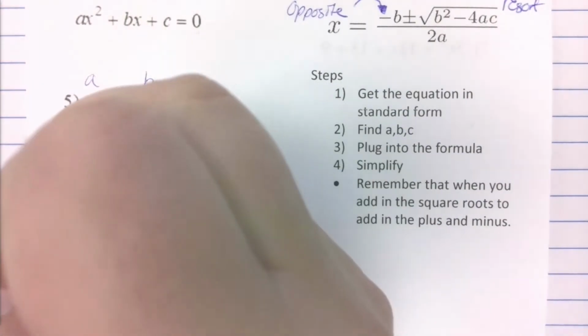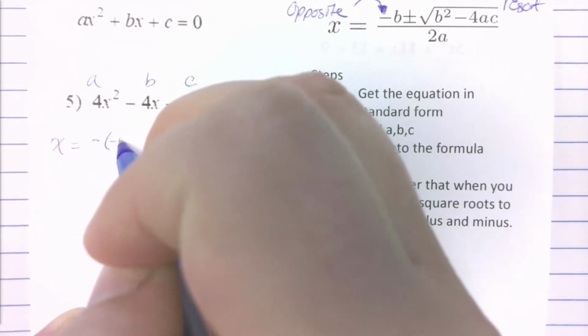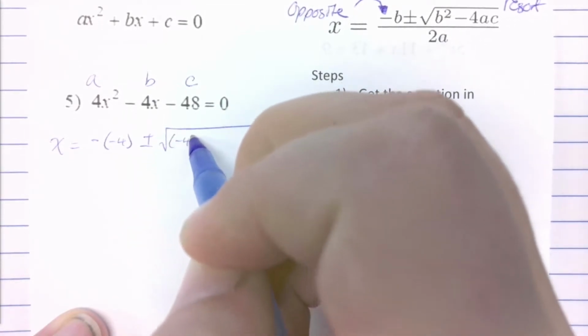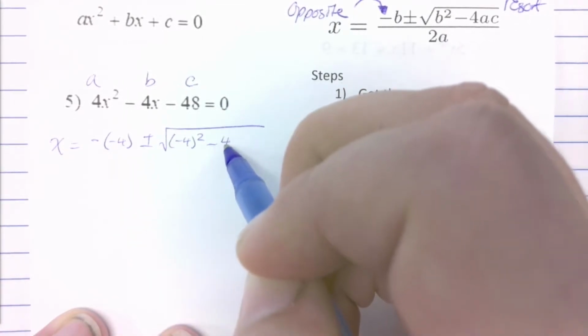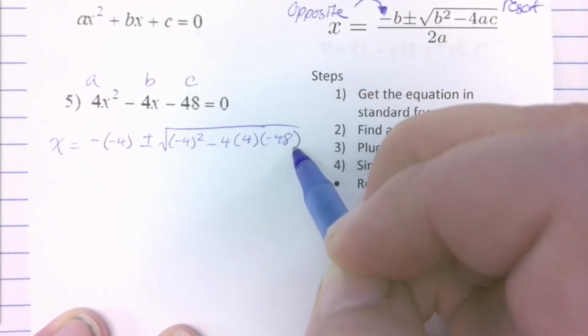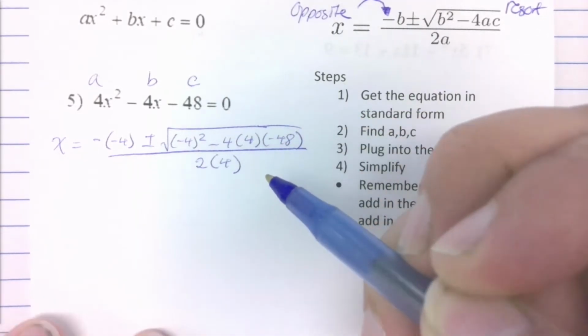Okay, so we're going to do the opposite of negative 4 plus or minus the square root, negative 4 squared minus 4AC all over 2A.